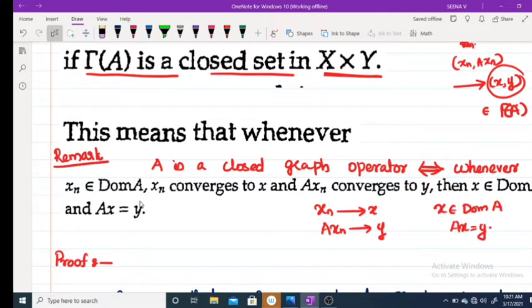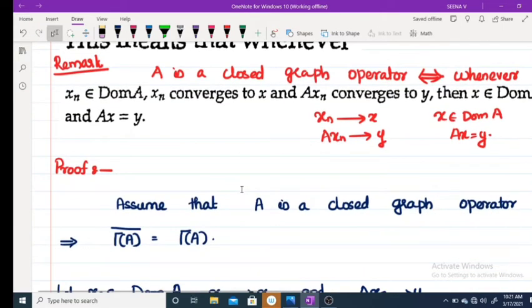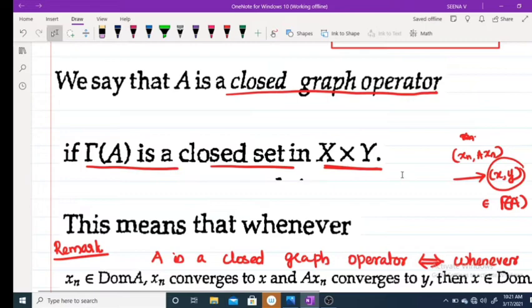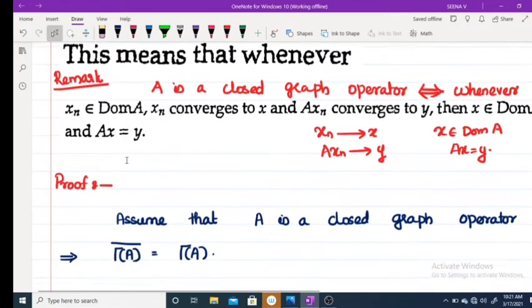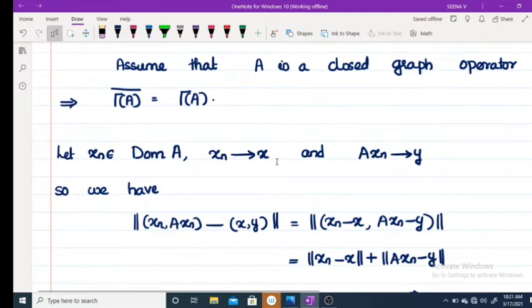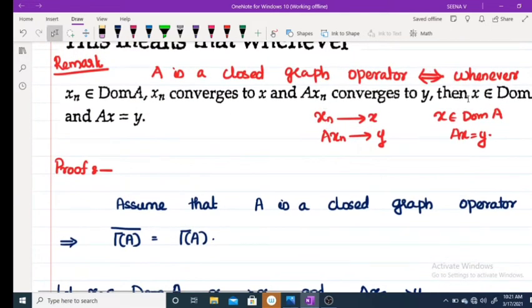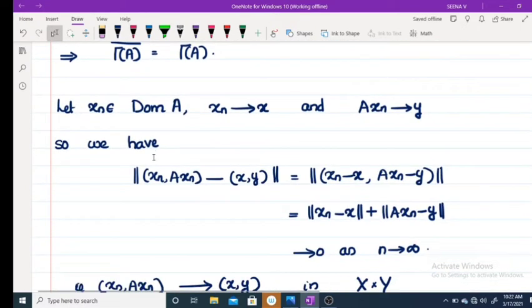This is the result. So we first assume A is a closed graph operator. Closed graph operator means Gamma of A is a closed set in X cross Y, so the closure of Gamma of A equals Gamma of A. Now let xn be in the domain of A, xn converges to x and Axn converges to y. We have to prove x belongs to the domain of A and Ax equal to y.